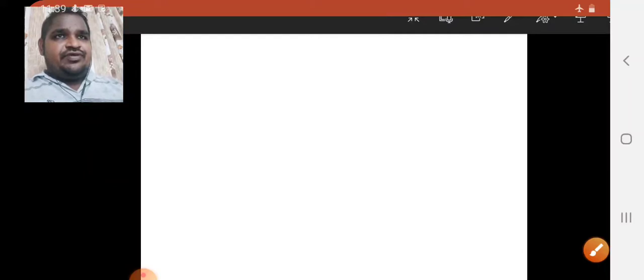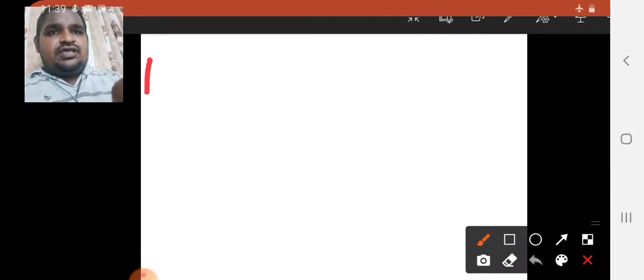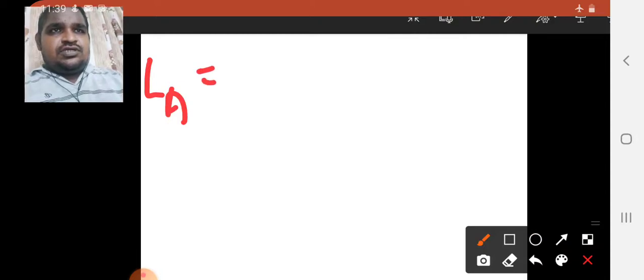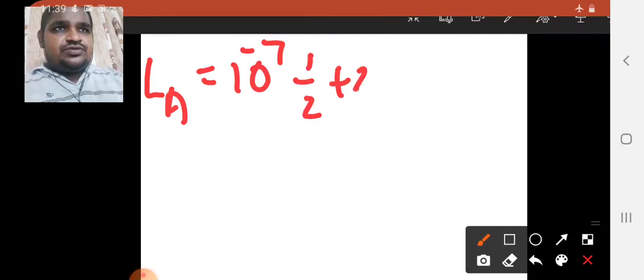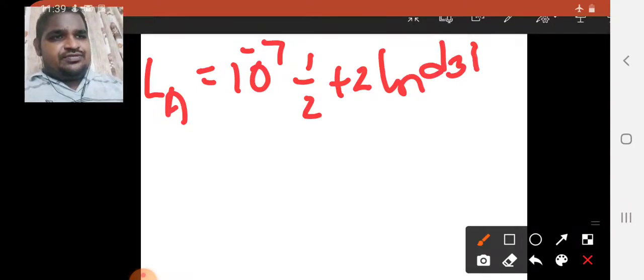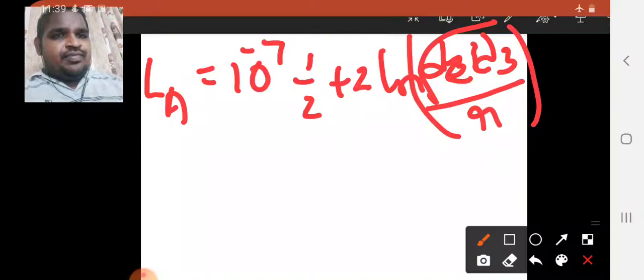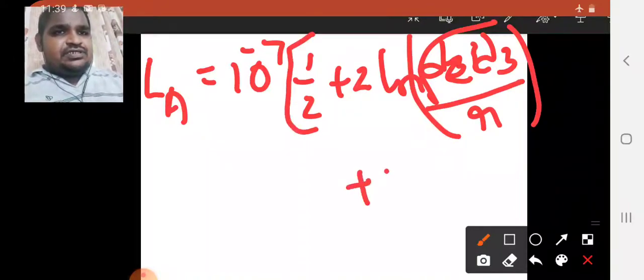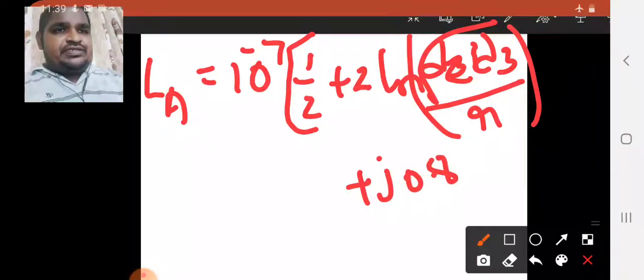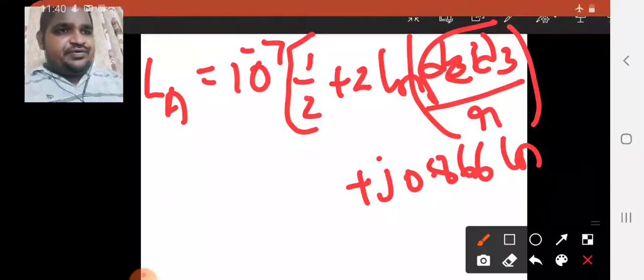Yes. If you substitute that value, LA is equal to 10 power minus 7 times 1 by 2 plus 2 ln of the square root of d3 d2 divided by r, plus j 0.866 ln d3 by d2.